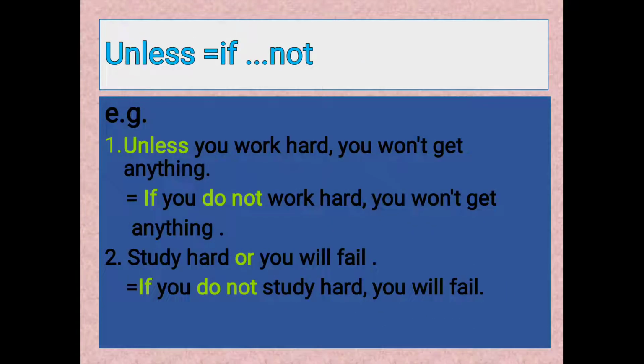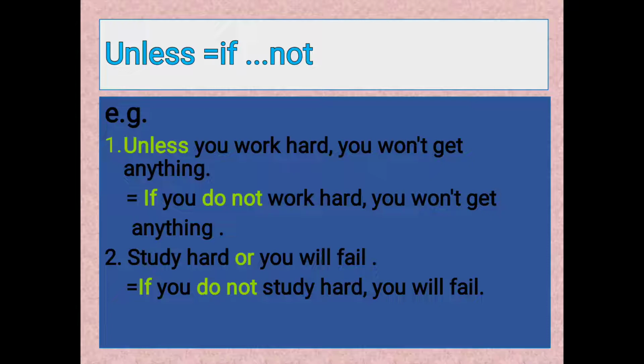Now unless type of construction, how you can change the given affirmative sentence into negative. Unless you work hard, you won't get anything. So instead of unless, we are going to use if. You do not work. Why do not? Because the given sentence is in present tense. So we have used do.